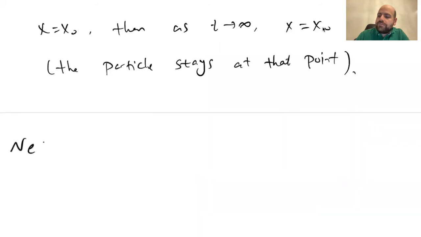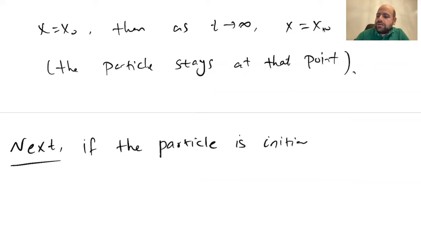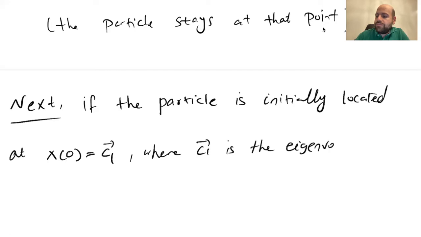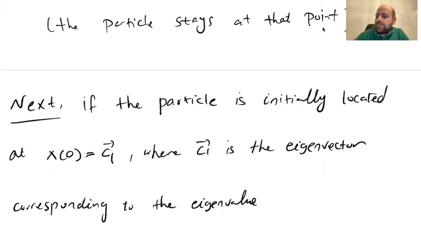So next, if the particle is initially located at, let's say, x of 0 equals, let's say, C1, where C1 is the eigenvector corresponding to the eigenvalue, let's say R1.